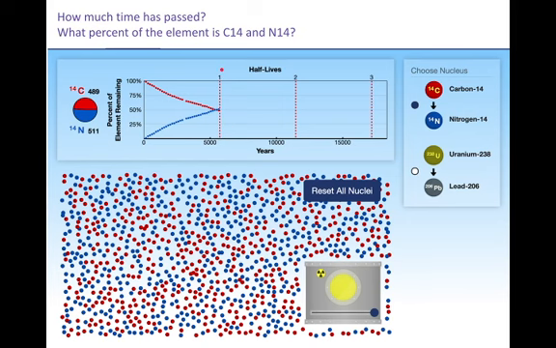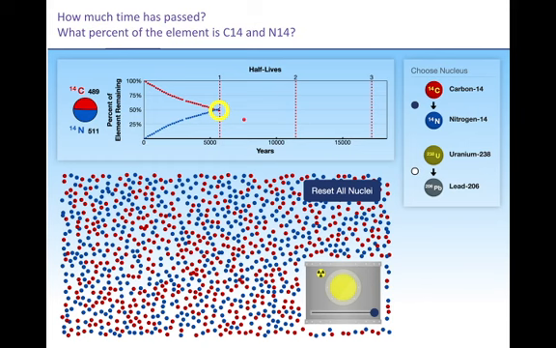What about the percent of the elements? Here on your y-axis, it's showing the percentages. Let's look at carbon. It started out at 100% when the animal dies. Slowly, as time progresses, it reaches this point, and let's also look at nitrogen. It also reaches this point.